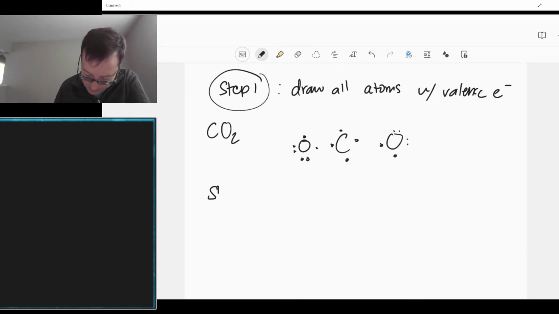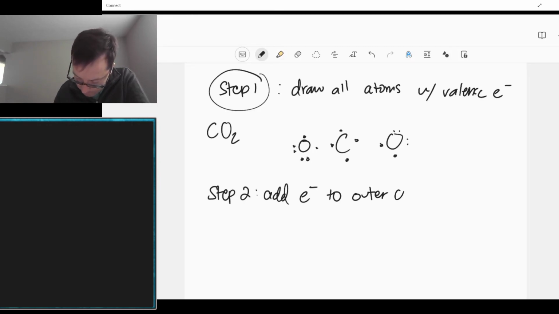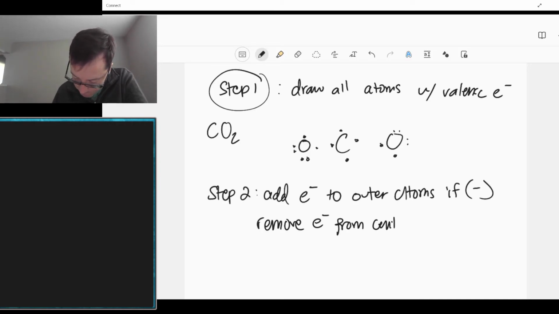And then step 2 is you're going to add electrons to outer atoms if you have a negative charge, or you are going to remove electrons from the central atom if you are a positive ion. In this case, CO2 has neither, so we're going to skip this step for now.